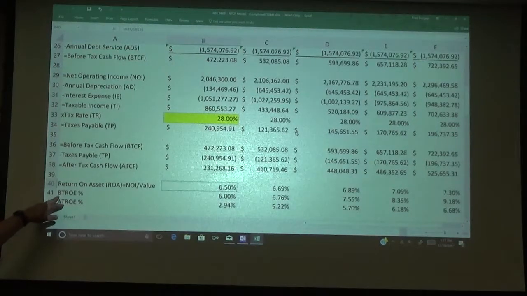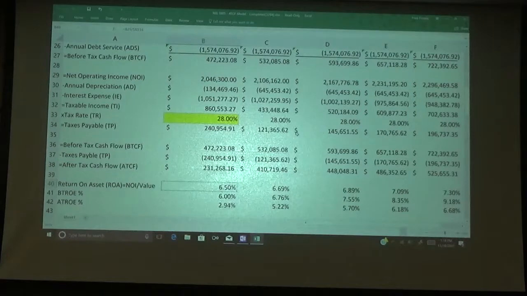Now, the before tax return on equity calculation is simply the before tax cash flow divided by our equity investment.